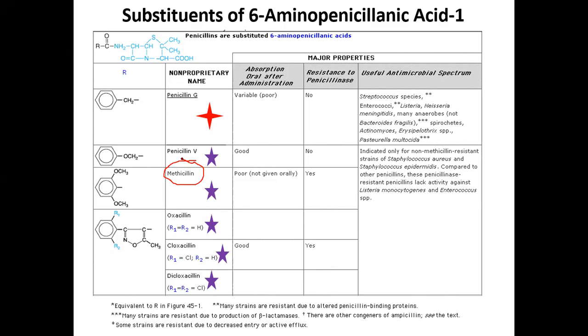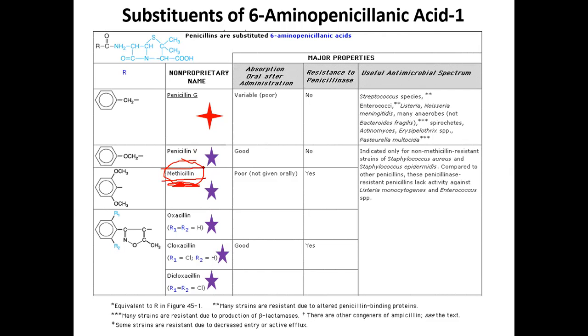Or for labs that are able to test just before treatment, they will just test. And then methicillin, and they will be doing this test against gram-positive organisms because they're the ones where you find methicillin resistance. And so when this drug in the lab fails to inhibit growth of the organism, in other words, in the presence of this drug, the organism multiplies, then that means that there is methicillin resistance.